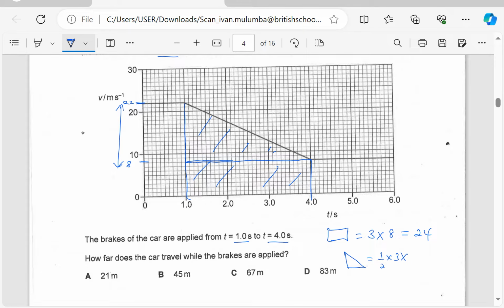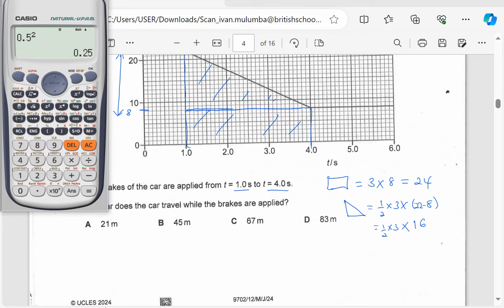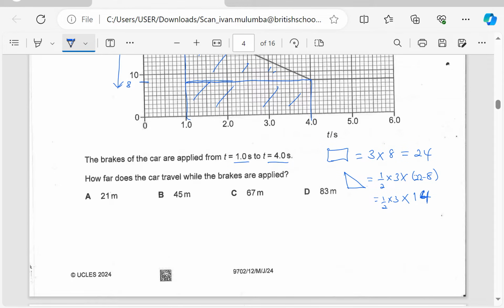So this is a half times 3 times 22 minus 8. I think that is 16. Sorry, it is 14. My math is very bad. Okay, so that is 14.